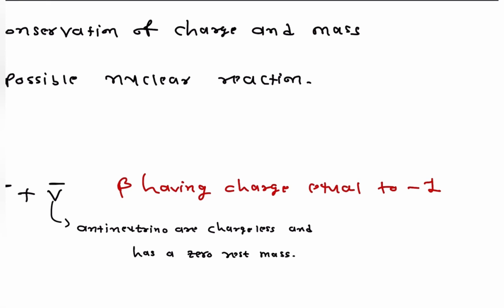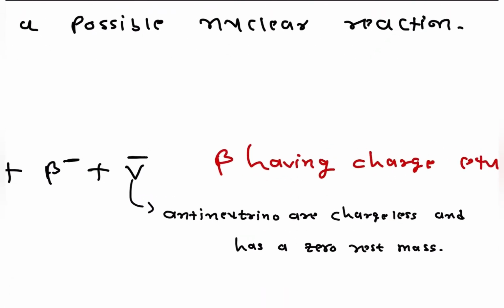The atomic mass number of beta is 0, but the charge on beta is -1, and the antineutrino is chargeless as well as having 0 rest mass.